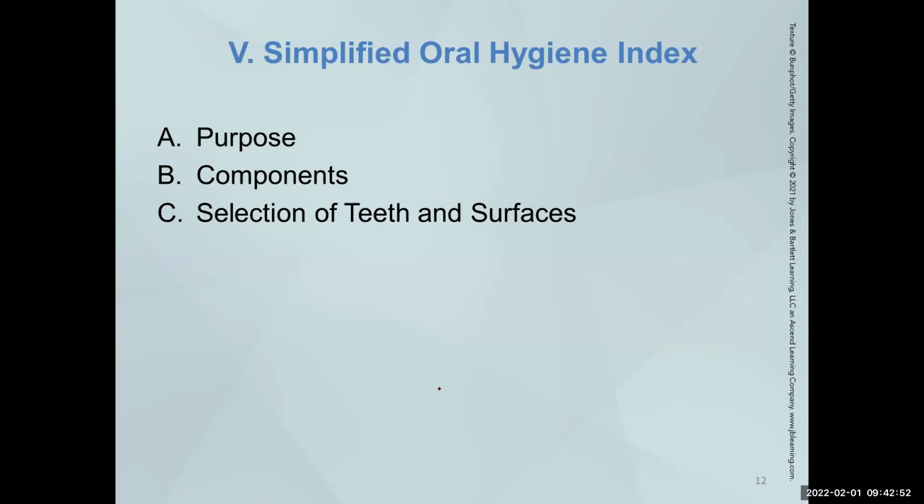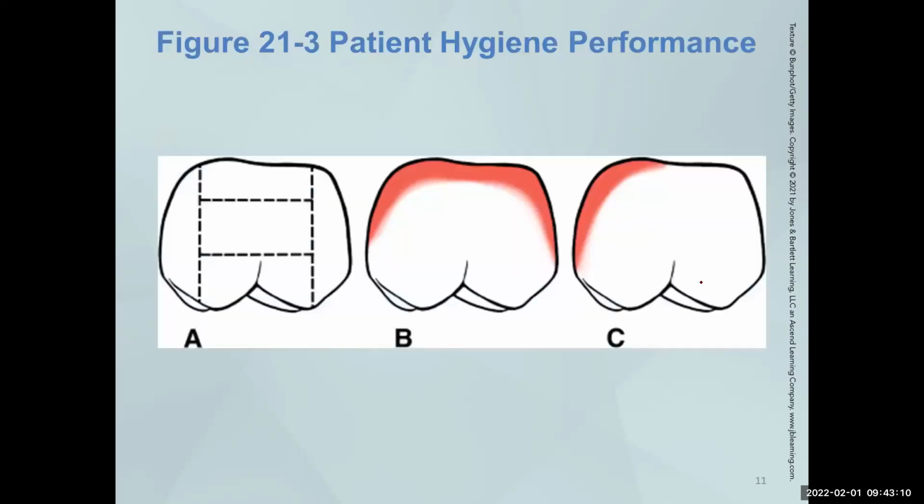Simplified oral hygiene index, all right? So the simplified might be using tooth number 3, 8, 14, 19, 24, 30. So the maxillary will be on the facial and the mandibular will be on the lingual. Somebody's trying to come in.